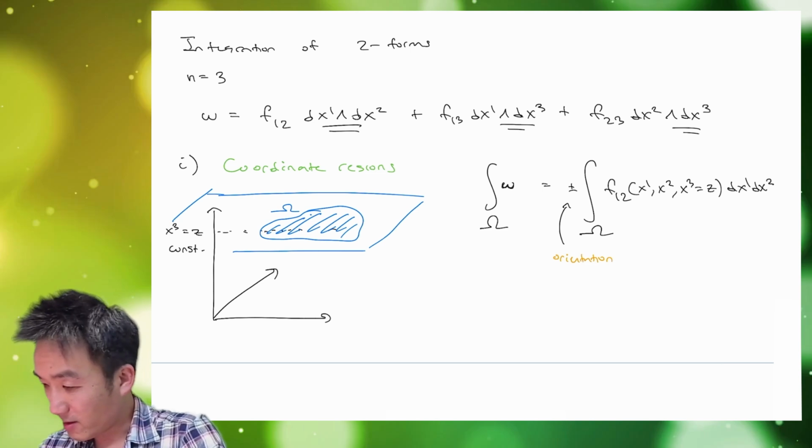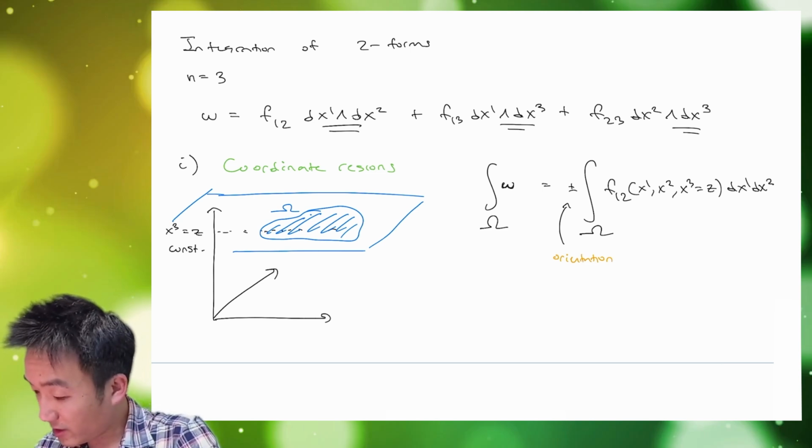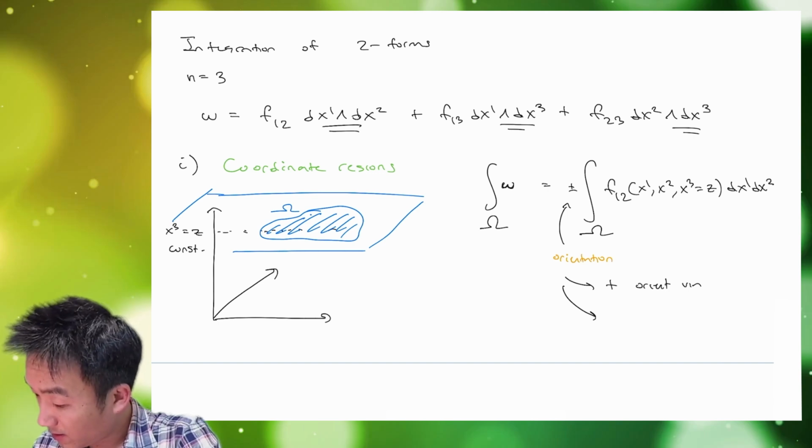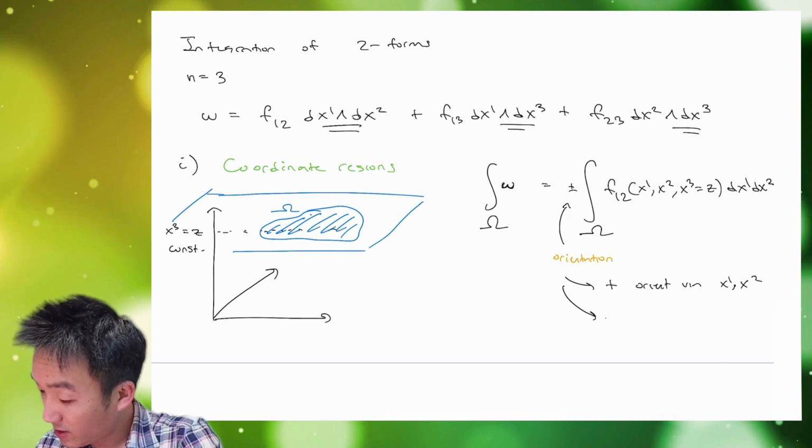So we can say that there's two choices of orientation. There's the plus choice, orient via, let's just say x1 followed by x2, and then there's the opposite orientation, right? Orient via x2 followed by x1.